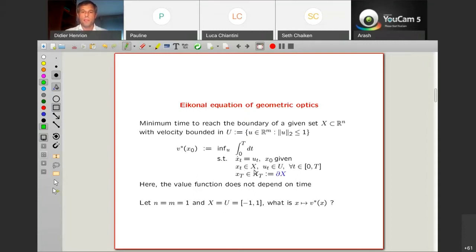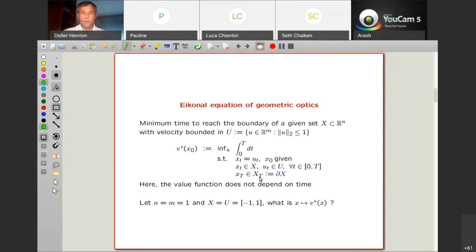The state is constrained to belong to a given set, capital X of R^n. The control is constrained to a ball, a unit Euclidean ball.